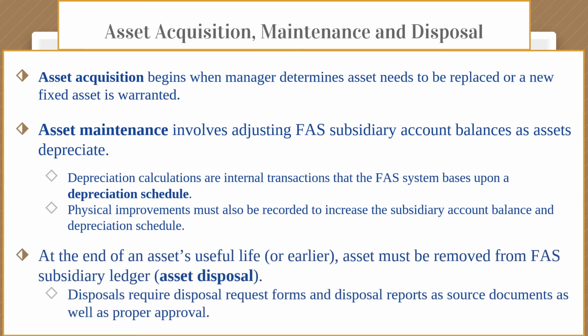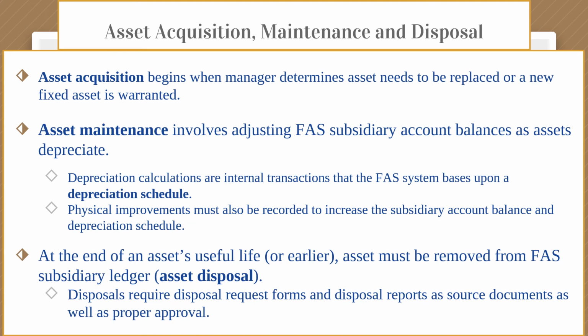Lastly, at the end of the asset's useful life, or sometimes earlier if there is a need to change or upgrade the machine or the factory, assets must be removed from the fixed assets system subsidiary ledger, which we call assets disposal.